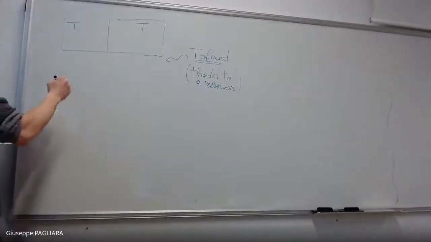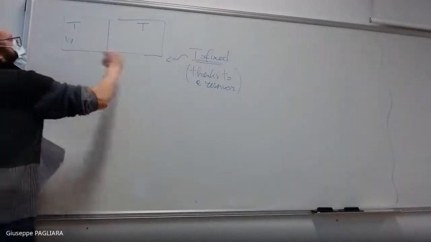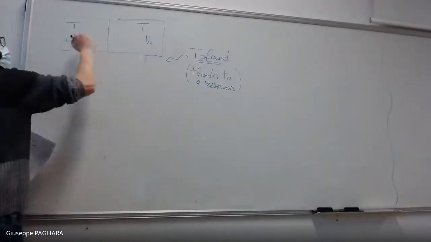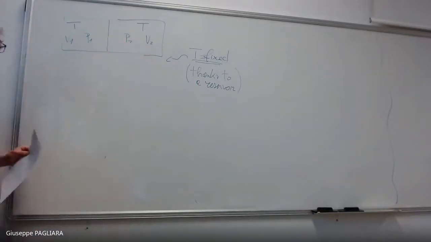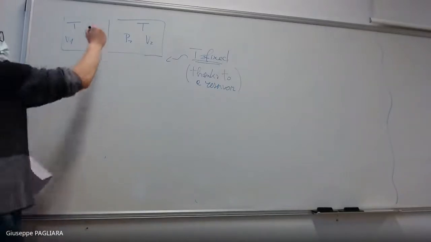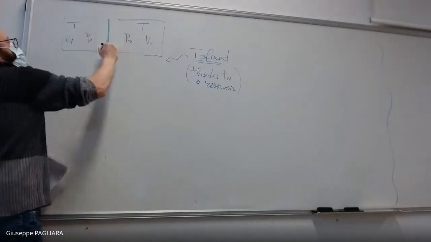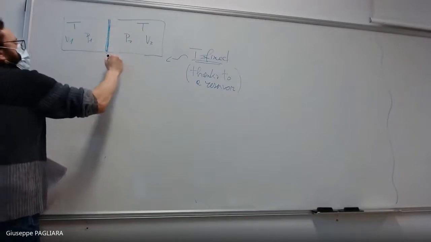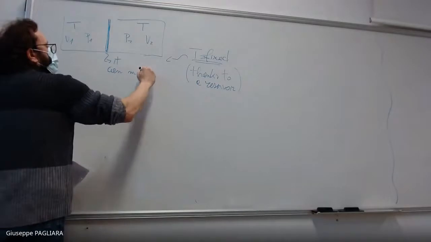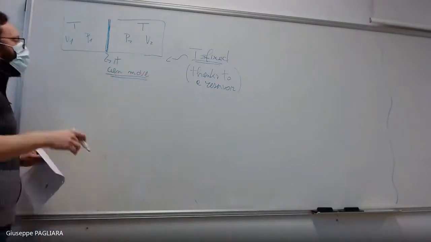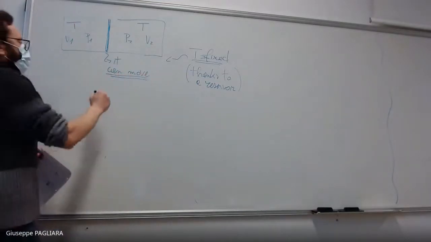Then I have again V1, V2, and suppose now I will have P1 and P2, two different pressures in the two sides of the box. And this is now a structure that can move. Okay, so it's a piston that can move.